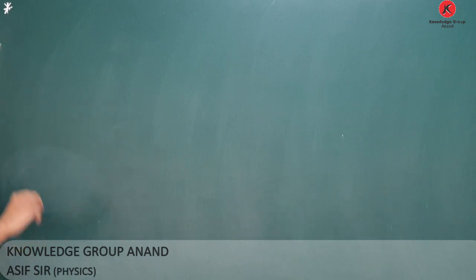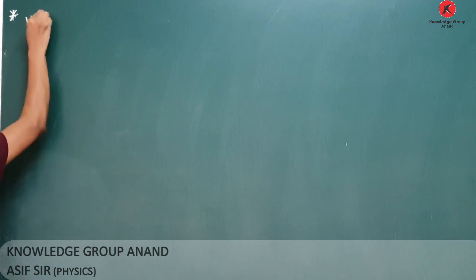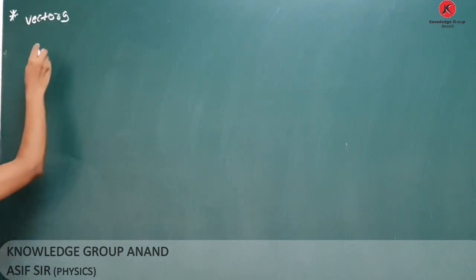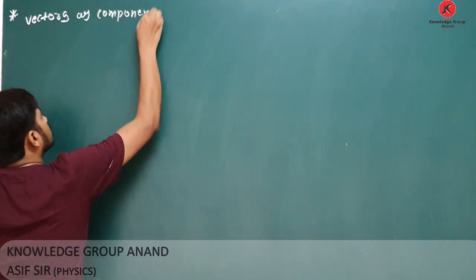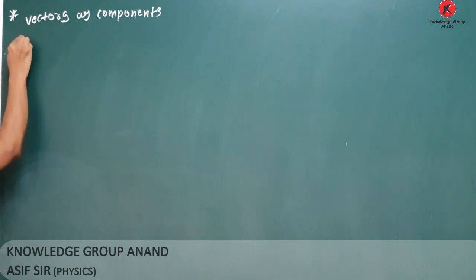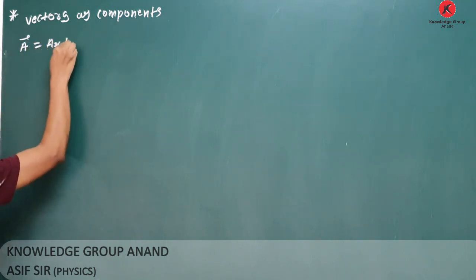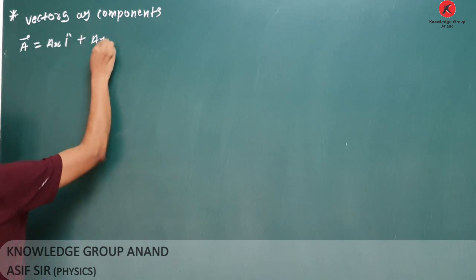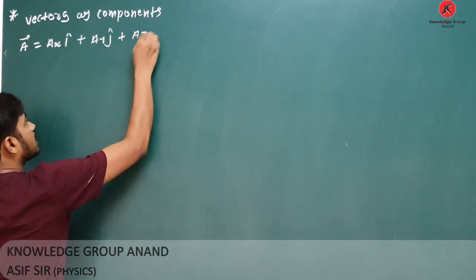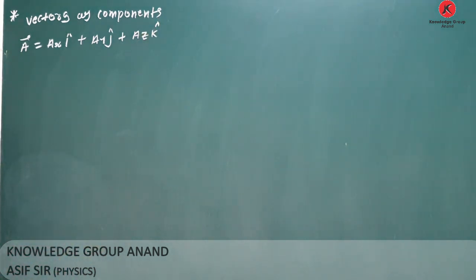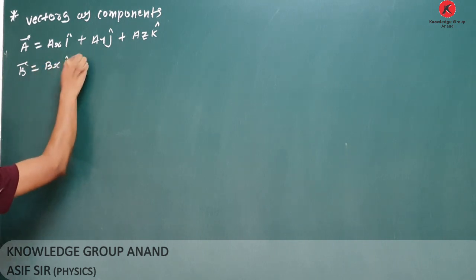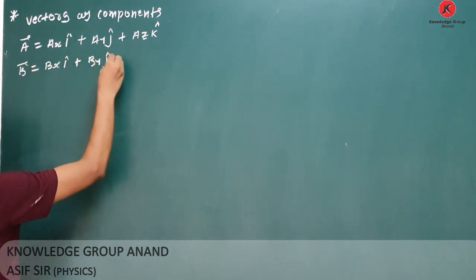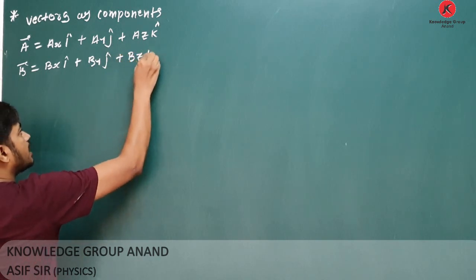See, here it is. If you are given vectors in terms of components, for example, if I have the first vector A is equal to ax i caret plus ay j caret plus az k caret, and another vector B is equal to bx i caret plus by j caret plus bz k caret.